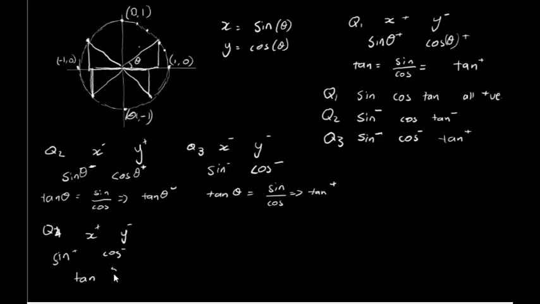Tan is going to be a negative over a positive, which means tan is also negative. So for Q4, we get sine is negative, cos is positive, tan is negative.